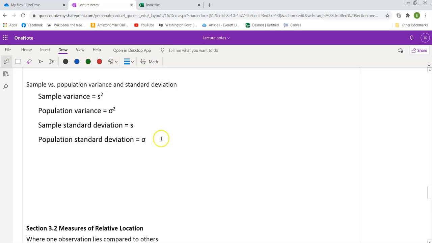So pay attention and write down in your notes that the sample standard deviation is s and the population standard deviation is sigma. So often the population values are Greek letters and the sample values are regular letters from our alphabet.